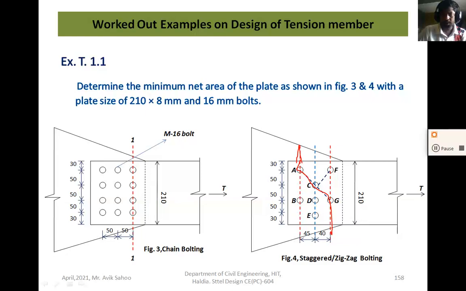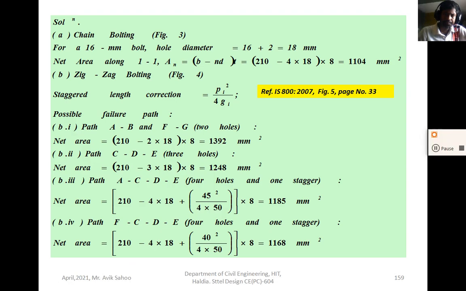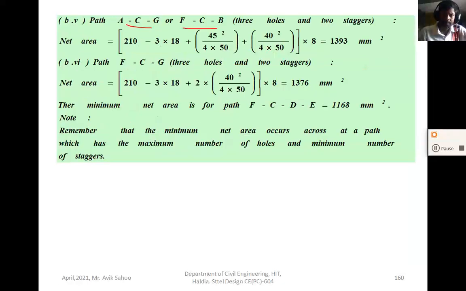ACG means along this line the failure, the rupture, may take place. So how many holes are used? 1, 2, 3 holes, and how many staggers? 2 staggers. These are diagonal paths between two bolts. So 3 holes and 2 staggers.